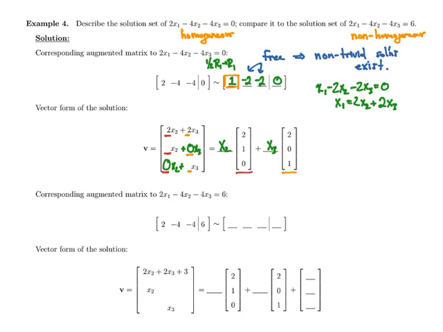So in this case, x2 and x3 are our free variables. Another way to think about that is these are going to be the parameters of our parametric equation.